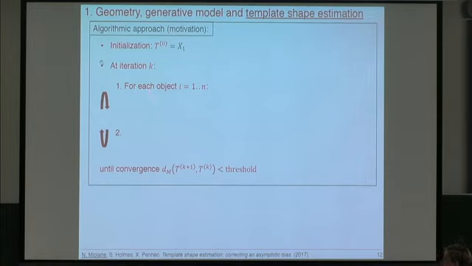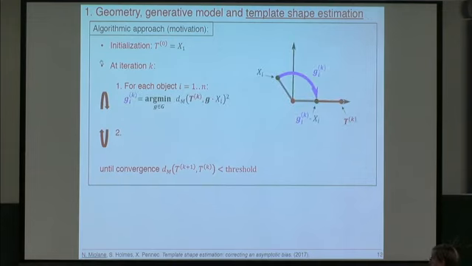In the first step, you take each object xi, and you register it to the current estimate, Tk, of the template shape. It's an optimization in gi, so it gives you this registered point.